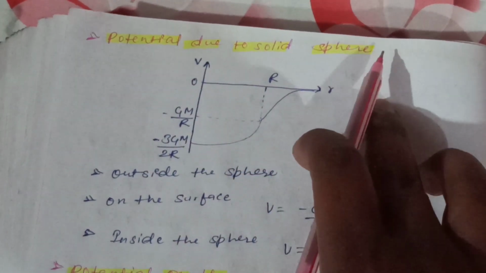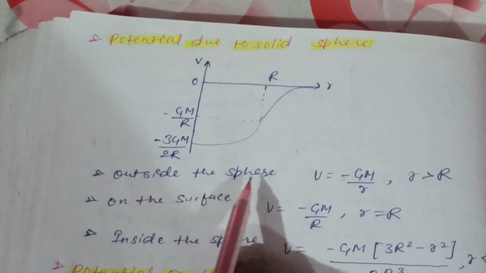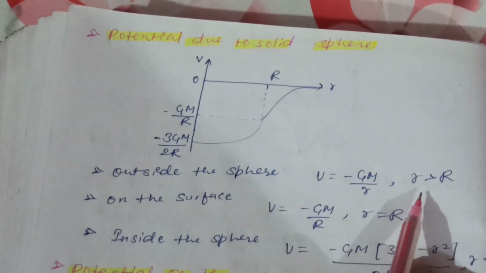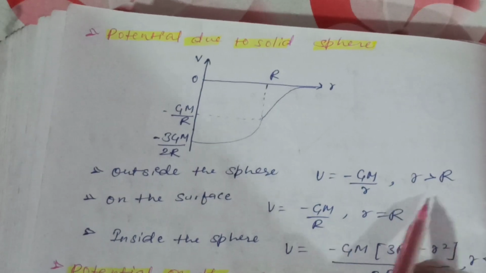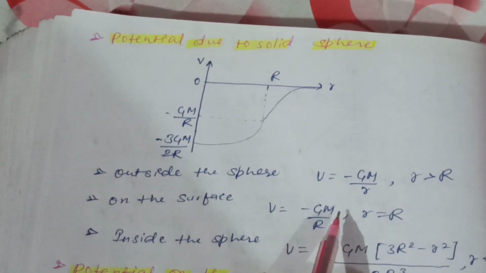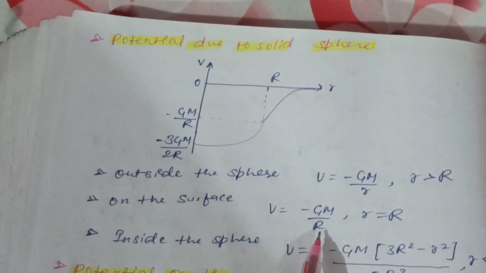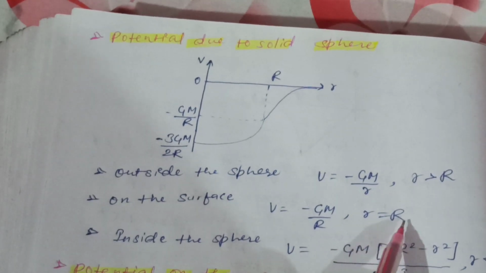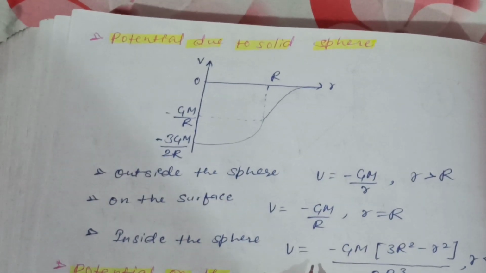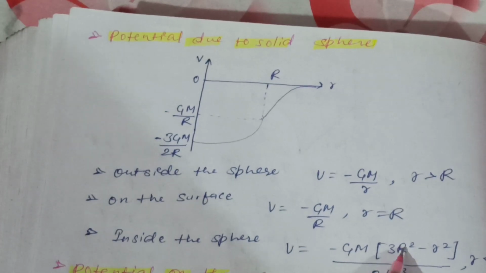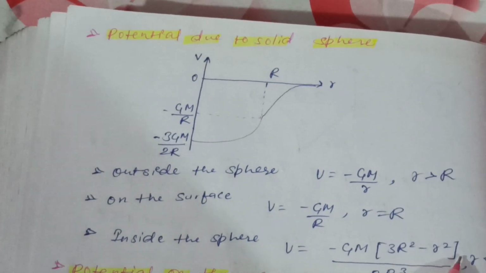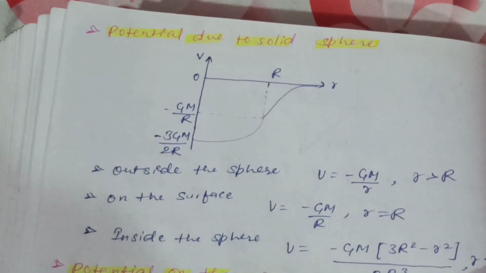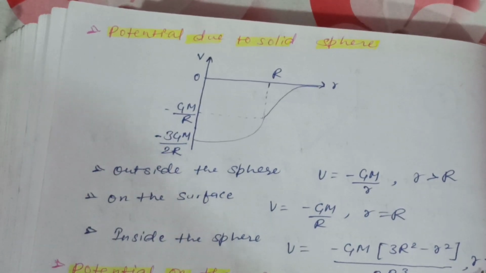Potential due to a solid sphere: outside the sphere, V = −GM/r, where r is greater than R. On the surface, V = −GM/R, where r is equal to R. Inside the sphere, V = −GM(3R² − r²)/2R³, where R is greater than r.